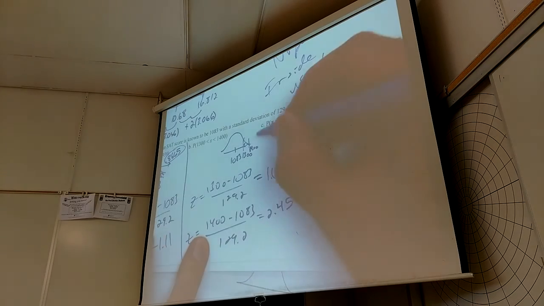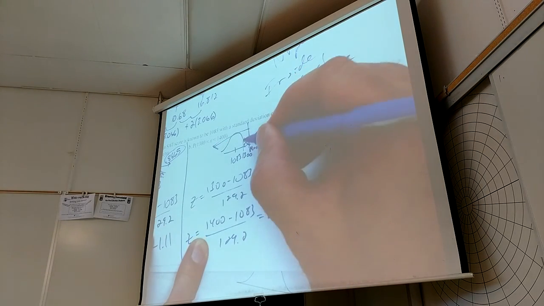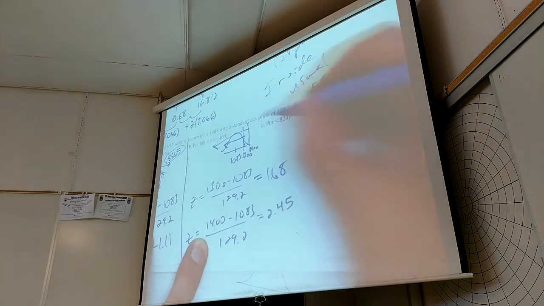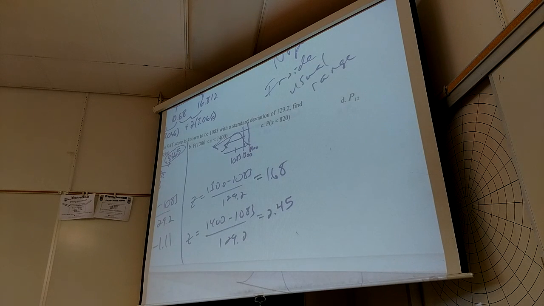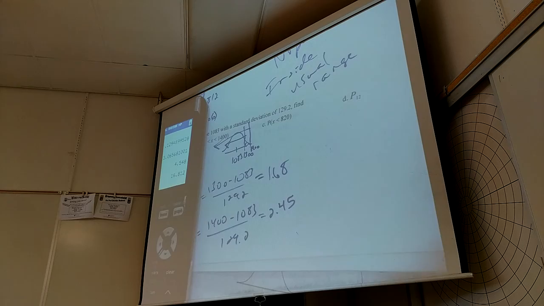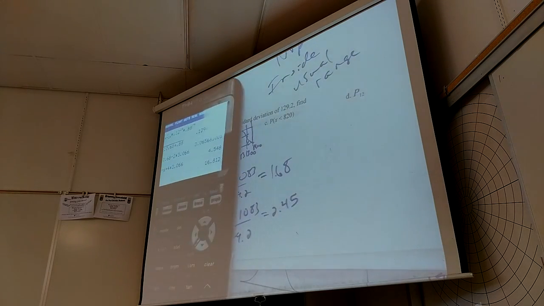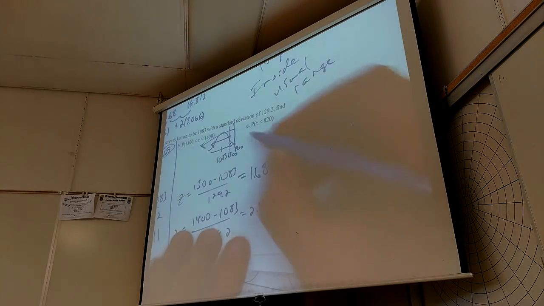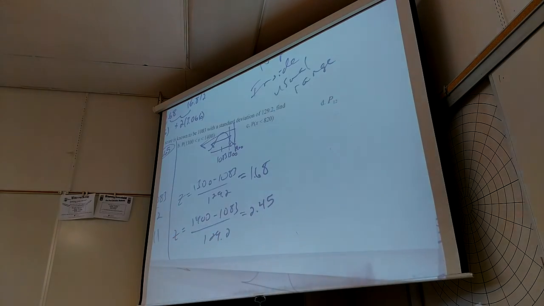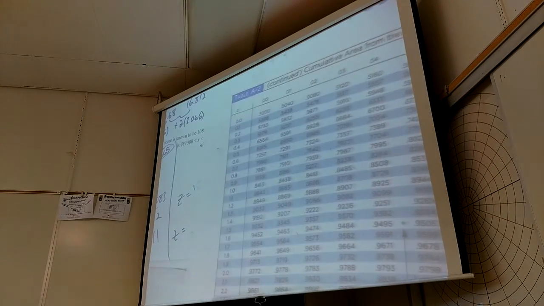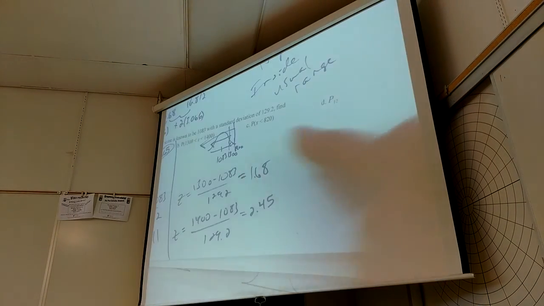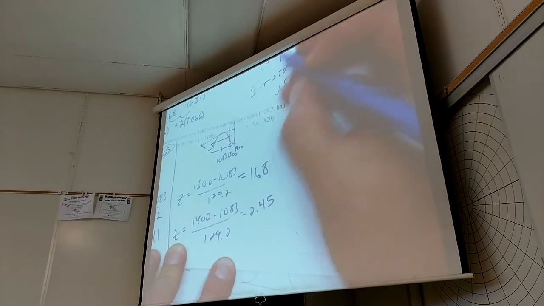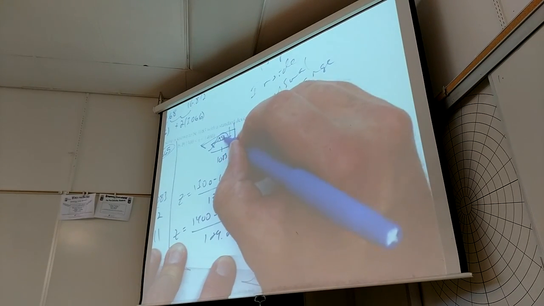So if you look up 2.45, that goes way too far. So I got to look up 1.68 and subtract that. So it just limits it to that little area I want. You gotta look it up first. What's the area for 1.68? 0.9535. So that's this little area here.